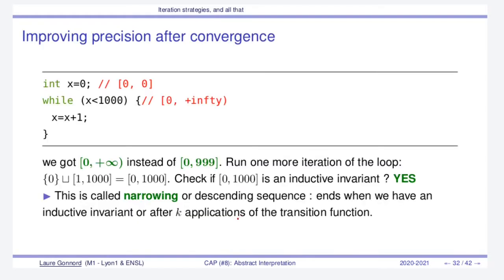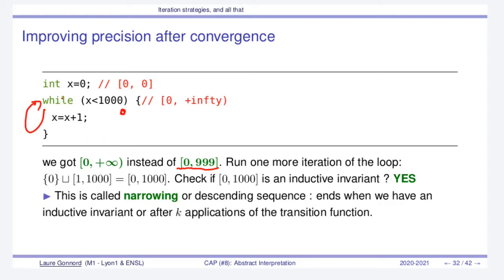Now that we have improved the global order of evaluation, let's come to a strategy that enables us to recover precision after convergence. In this program, an interval abstract interpretation has been made, and we finally obtained the red invariant. However, we might need a more precise invariant at that point, at the beginning of the loop. For that, we can redo one or several iterations without widening.